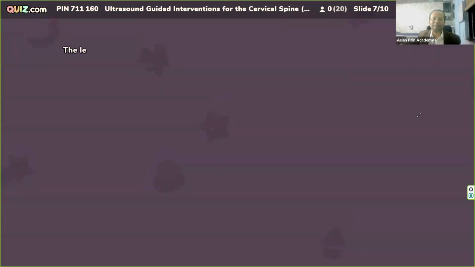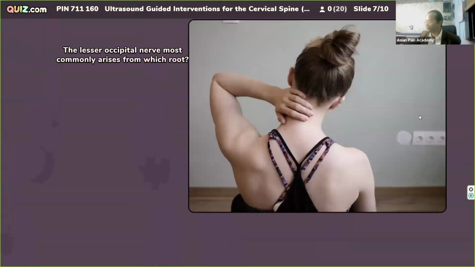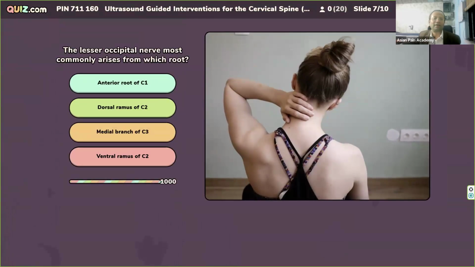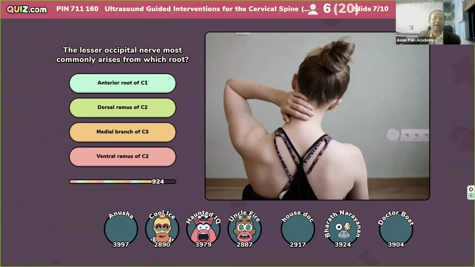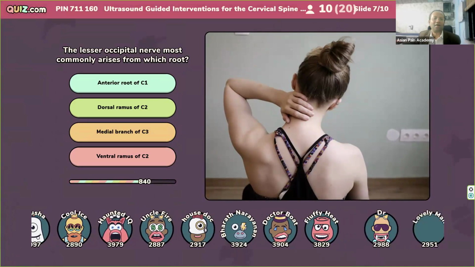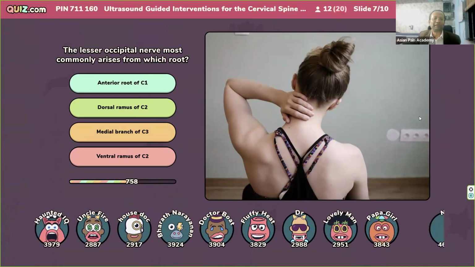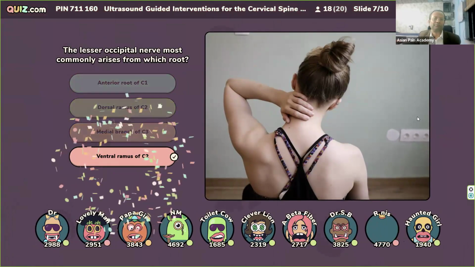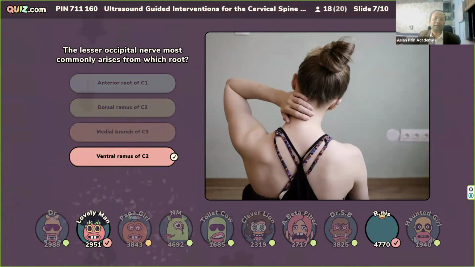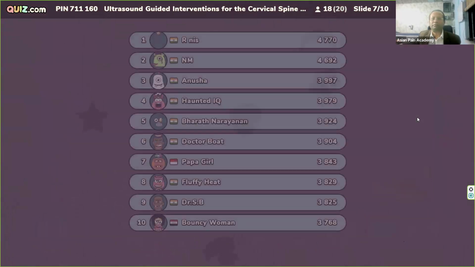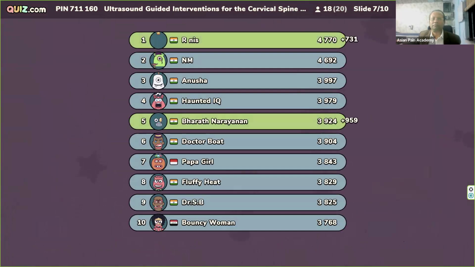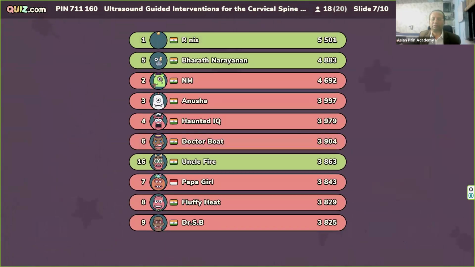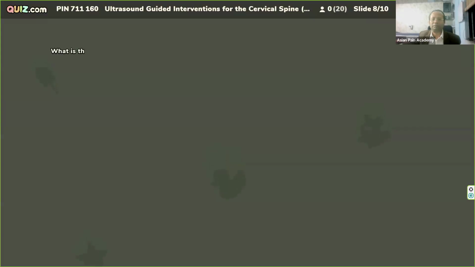The lesser occipital nerve most commonly arises from which root? Ventral ramus of C2. What is the preferred method for confirming cervical facet-mediated pain?